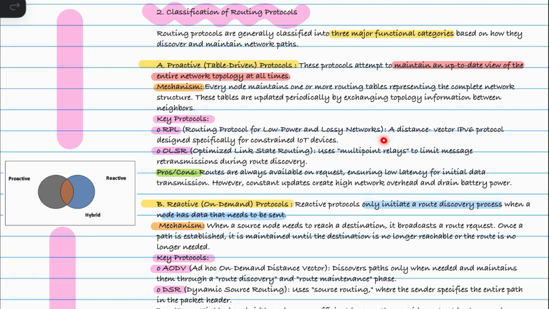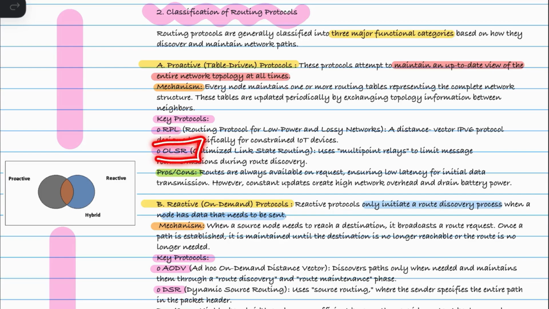It creates a destination oriented graph, okay, to route data cleanly up to the central border router. So there is a graph created, a directed acyclic graph. What it does, it takes the data cleanly to the central router which needs the data.